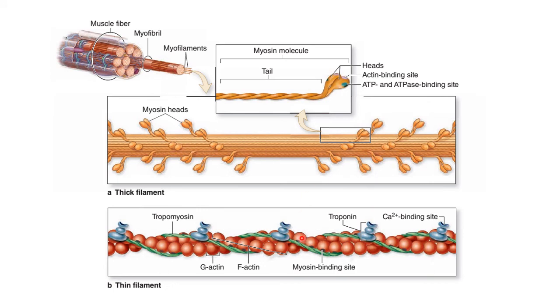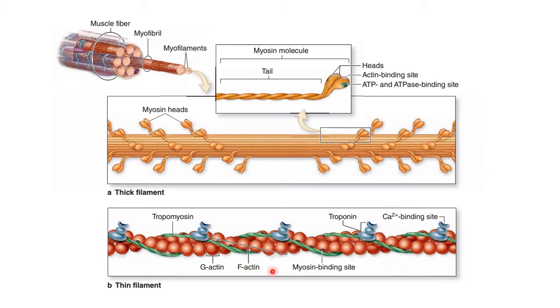It is thick in comparison to the actin thin filament, and each part of it, for example this one, has this structure within the myosin filament. In this structure we have a head and a tail. So the myosin molecule is composed of a head and a tail. In the head we have the actin binding site and the ATP and ATPase binding site. This head is responsible for the sliding along the actin filament during muscle contraction.